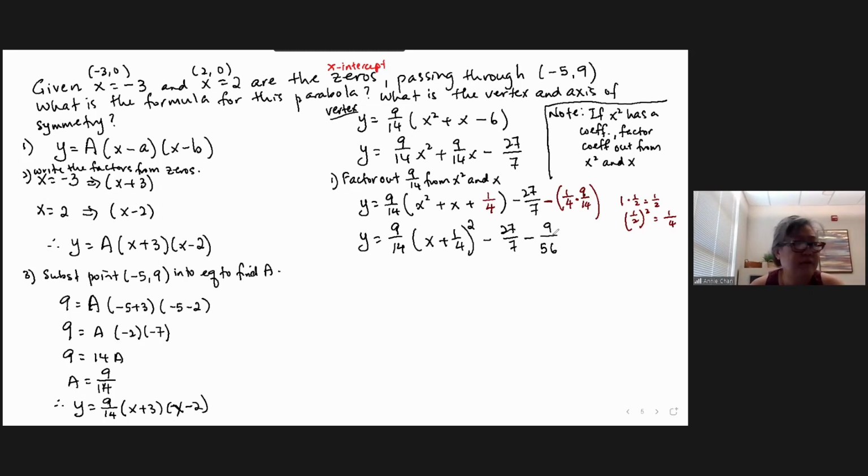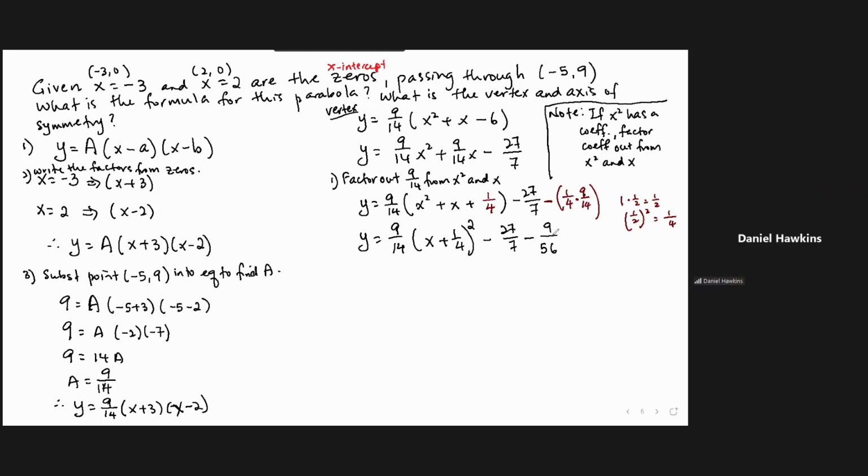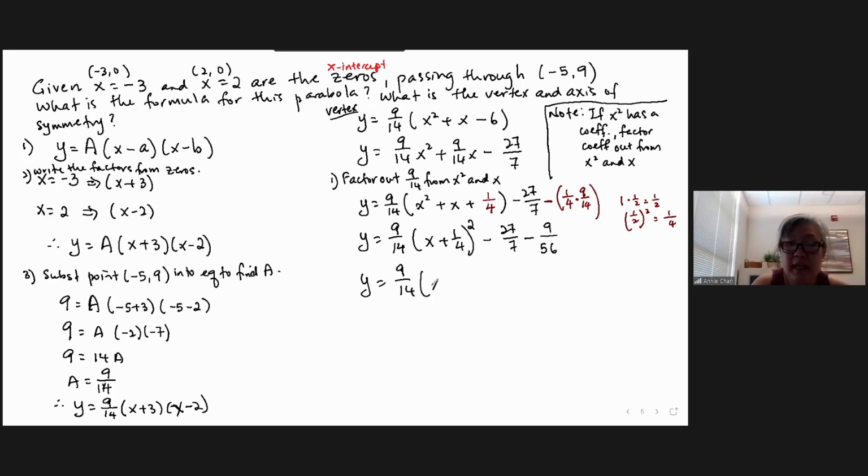Is 56 in the 7 times table? Yes. So y equals 9/14 (x plus 1/2) squared minus, 7 times what is 56? 8.